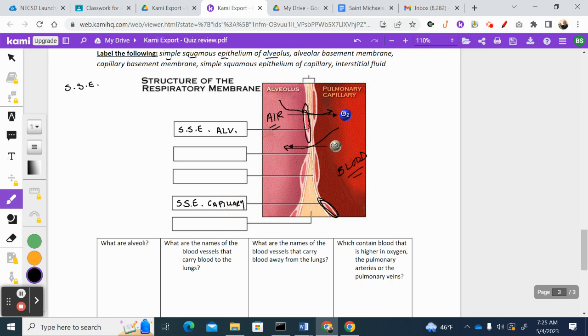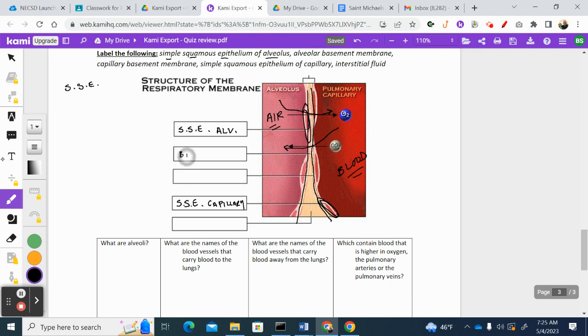Remember, we pulled the simple squamous cells out of our cheeks, looked at them under microscopes? The cells attached to these membranes called basement membranes. This is a basement membrane for the capillary. Here's a basement membrane for the alveolar sac.